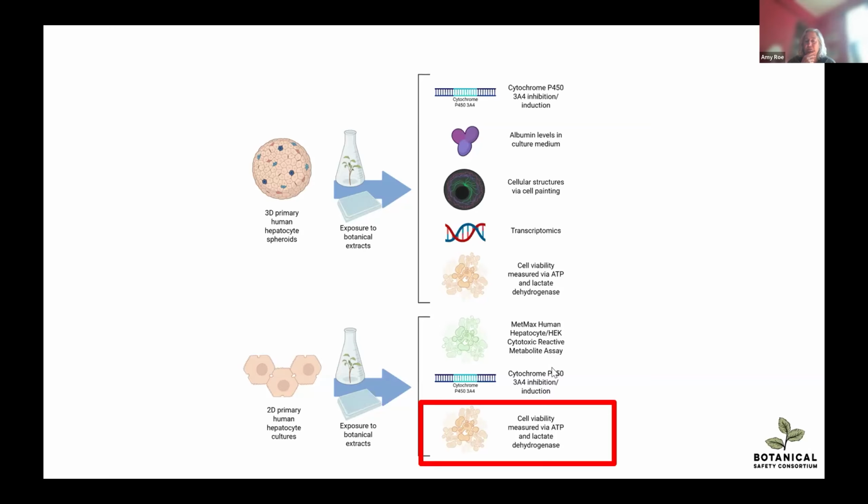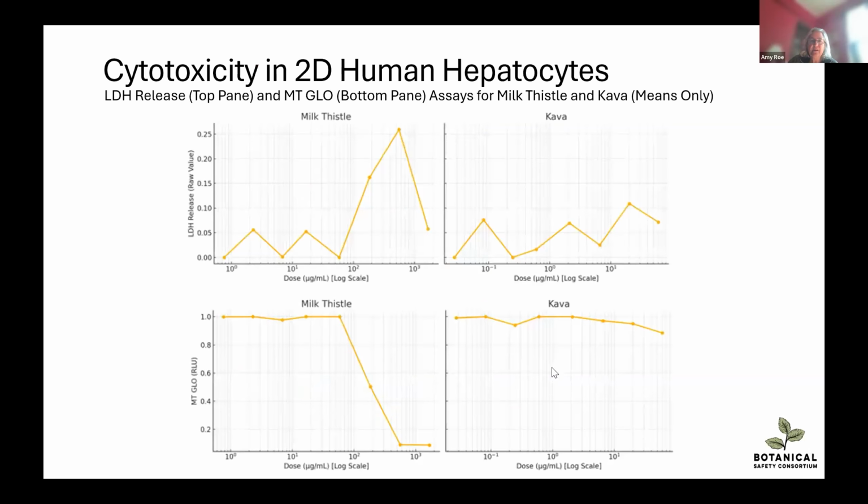So I'm going to start by presenting some cell viability data for the 2D hepatocytes. This work was done by Dr. Albert Lee, and of course, certainly an expert in 2D human hepatocytes.